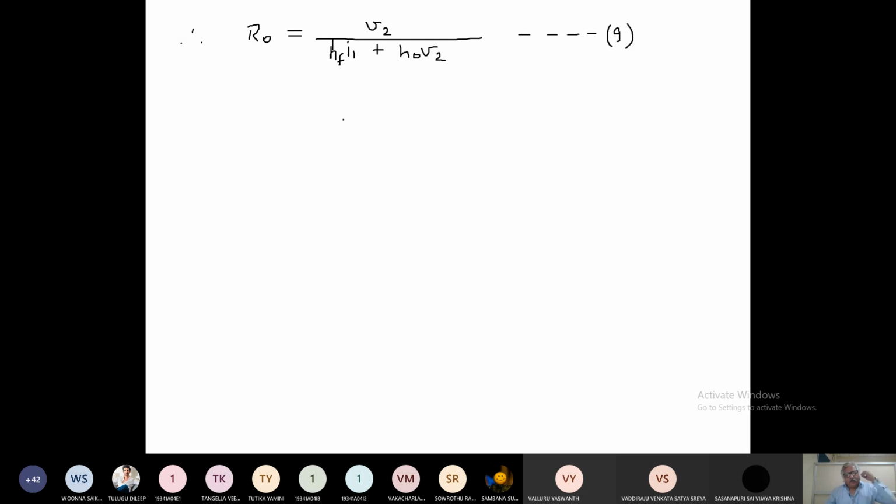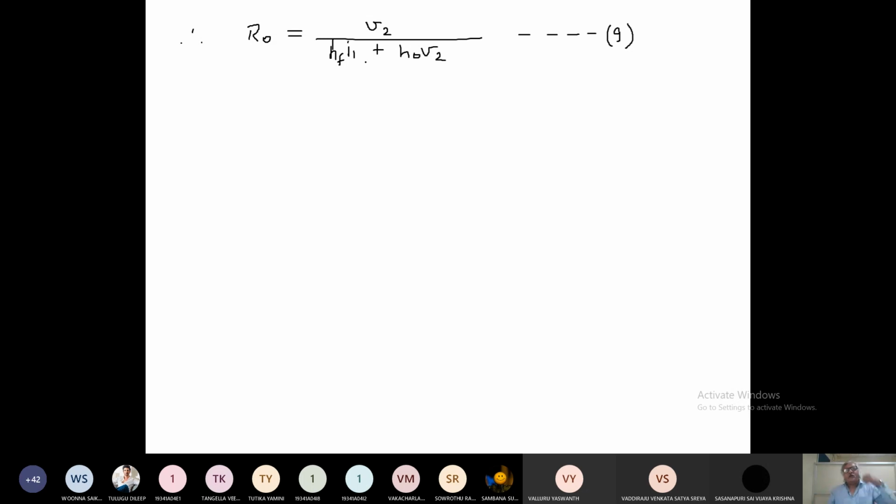Now in this expression, V2 by HF I1 plus H naught V2, if anyhow I eliminate this I1, then our purpose can be solved, right?